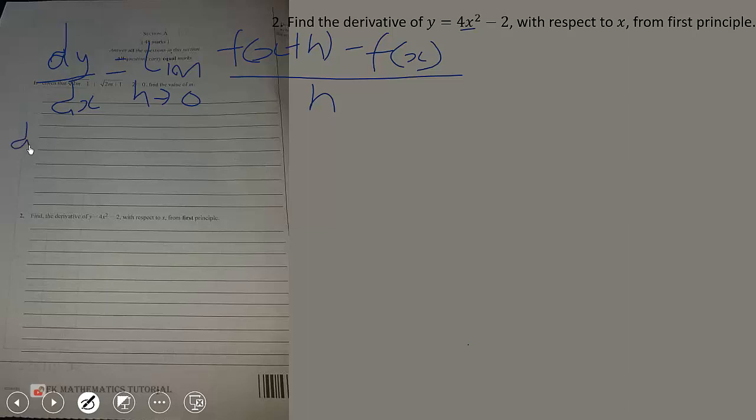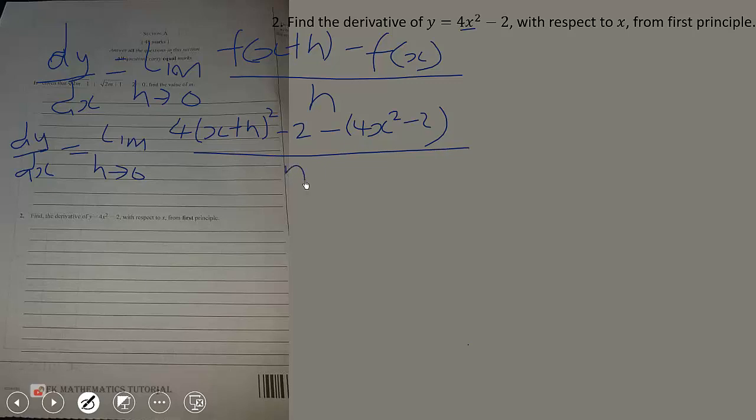So dy dx will now be equal to the limit as h approaches 0 of 4 times the bracket x plus h all squared, minus 2, then minus f of x, which is 4x squared minus 2, all over h.